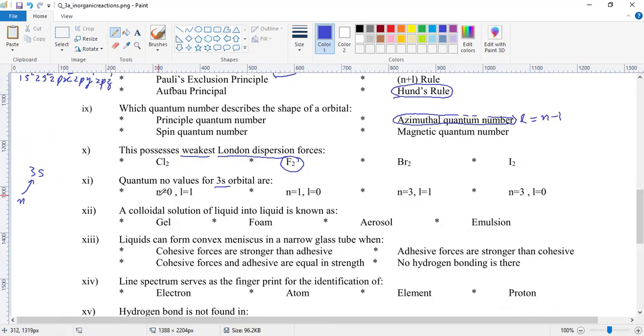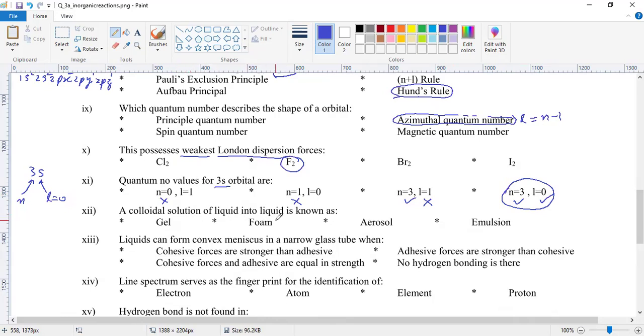So n is 3. ये नहीं हो सकता, ये नहीं हो सकता, ये हो सकता है, ये भी हो सकता है. But what does s say? If the subshell is s, the value of l is equal to 0. So here l is equal to 1, it cannot be. It can be. It is the correct answer.